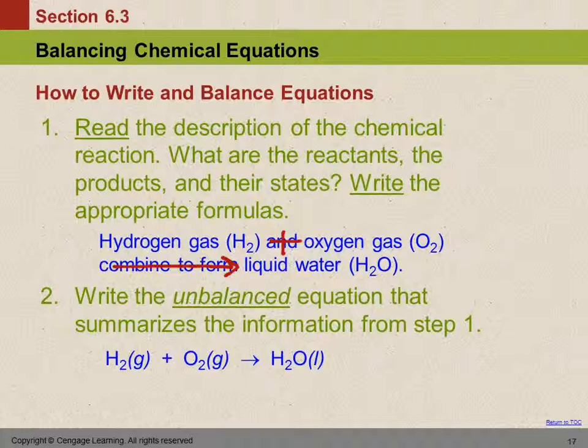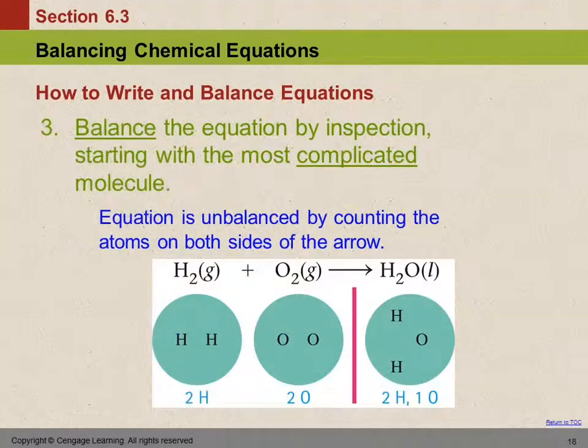Those are the words that can give you a clue. So we've got hydrogen plus oxygen forms liquid water. We're just translating that into this equation form. We'll get rid of all the words, and then we can just see the formulas. Oh, this plus this makes that. It's kind of like a shorthand. And then we balance it by inspection.